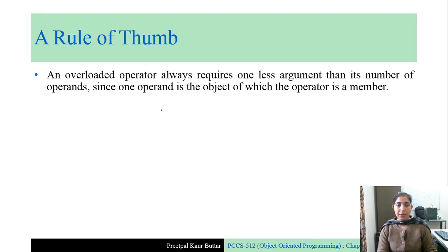And there is a rule of thumb: an overloaded operator always requires one less argument than the number of its operands, since one operand is the object of which the operator is a member.